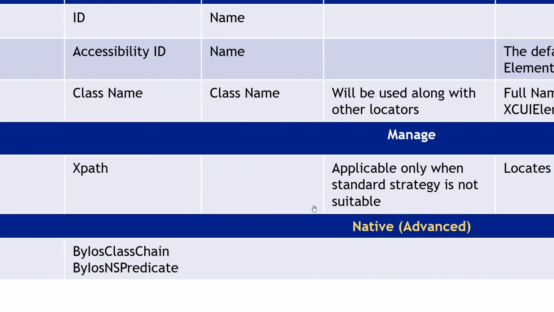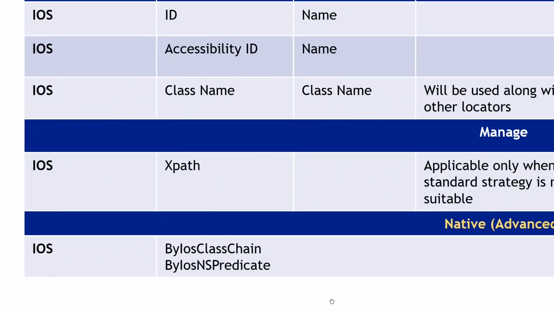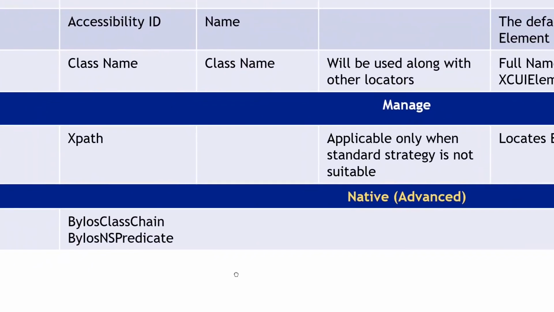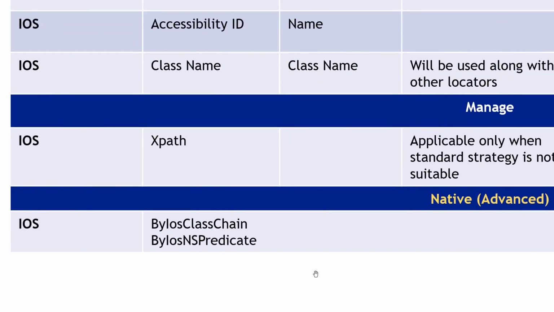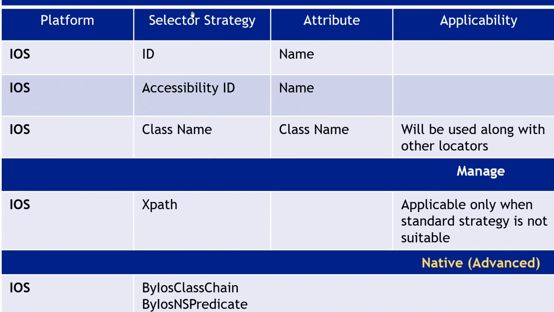Similarly, on the iOS side also there are native methods. Like in Android we have seen UiAutomator, here also we have iOS strategies, which start with by iOS class chain and by iOS NS predicate. These two are the strategies which are more advanced than the standard and managed strategies.